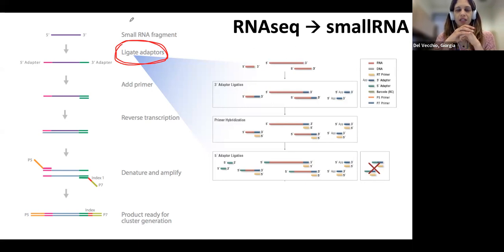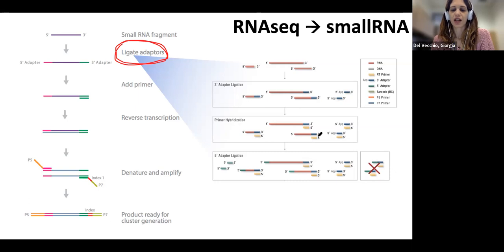But then we have the ligation as the first step. So here, as you can see, we have the adapter ligated at the 3' end, and then we can use the sequence of the adapter at the 3' end. That's because the small RNA sequence can vary.